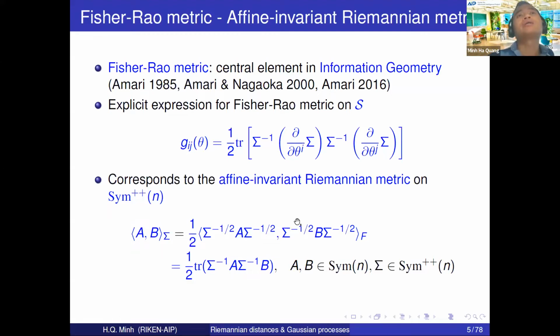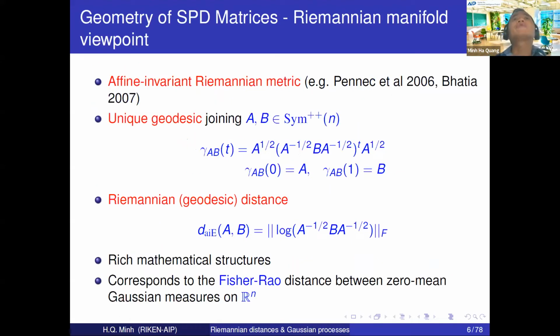With this metric, the set of SPD matrices becomes a Riemannian manifold, and we can compute many things explicitly. For example, it's a manifold with nonpositive curvature, so it has a unique geodesic joining any matrices A and B, and this geodesic has a closed form formula. Its length, the Riemannian distance, also has a closed form formula.